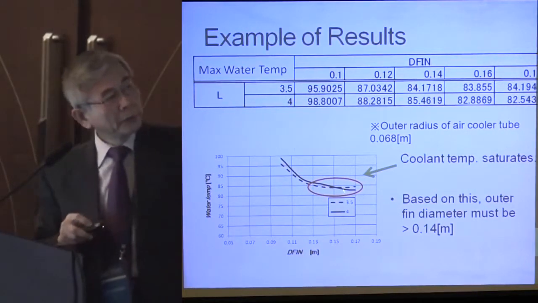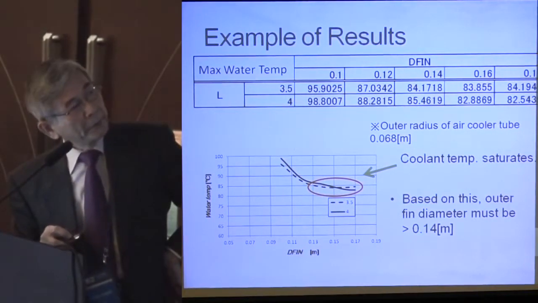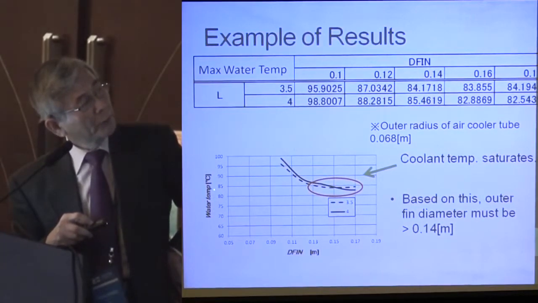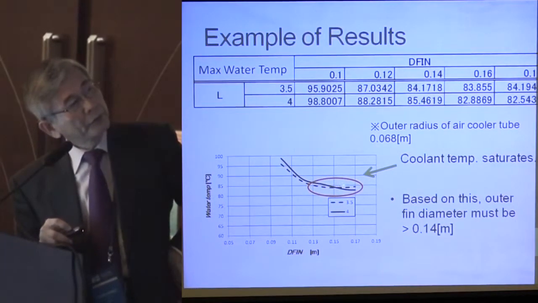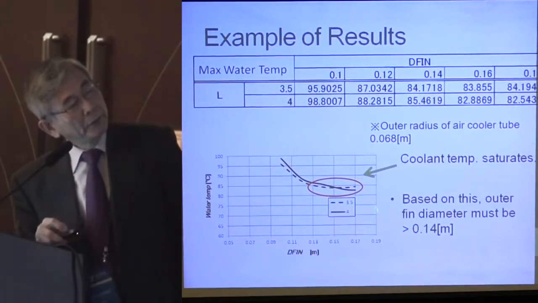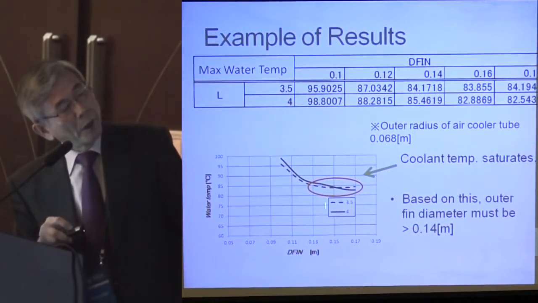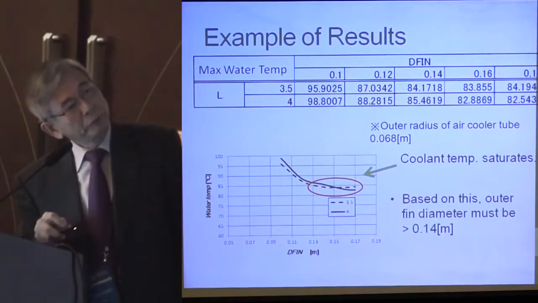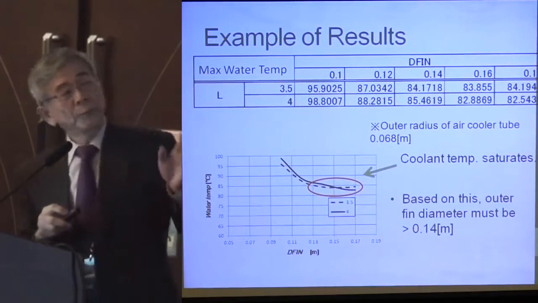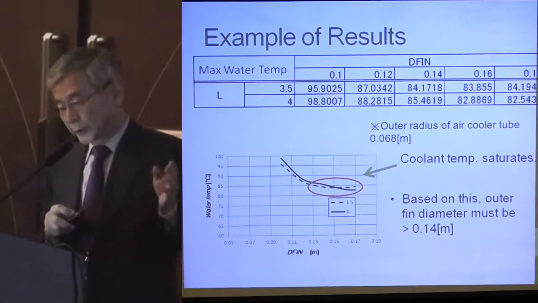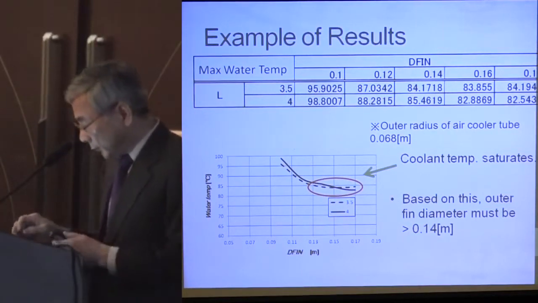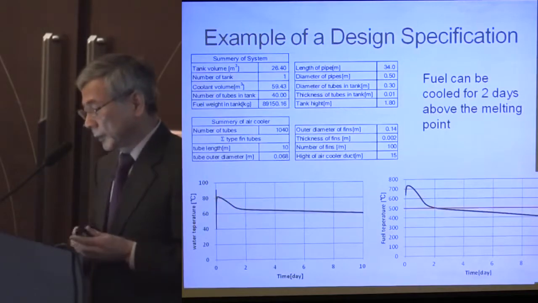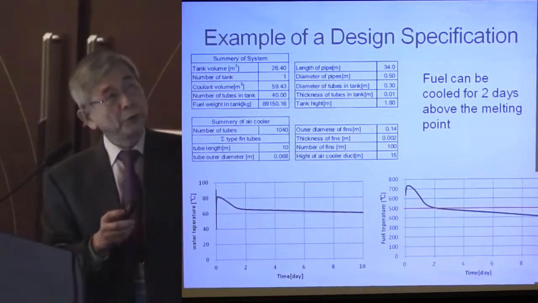You can see the water temperature can saturate around a fin length of larger than 14 centimeters. Like this kind of parameter survey we did, and finally we found out a reasonable combination of parameters.